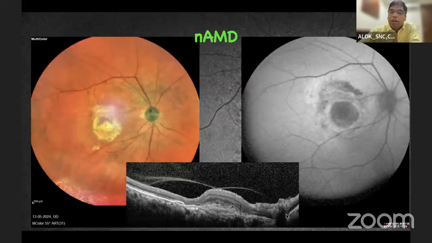Now, the dark areas on fundus autofluorescence could be because of block, as you can see here in the picture on the right of your screen. So fundus autofluorescence in patients with wet AMD is more useful to detect geographic atrophy during the treatment course.